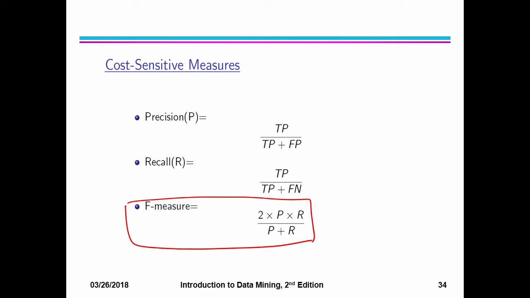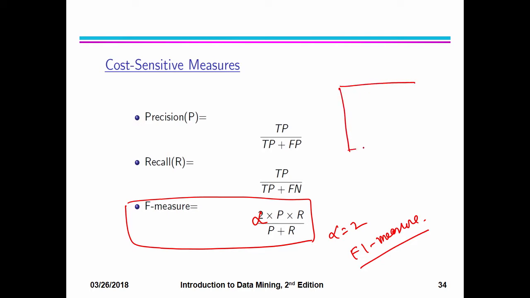It is called the F measure with alpha, and if you put alpha equal to 2, that is something called the F1 measure. So, what is this precision?